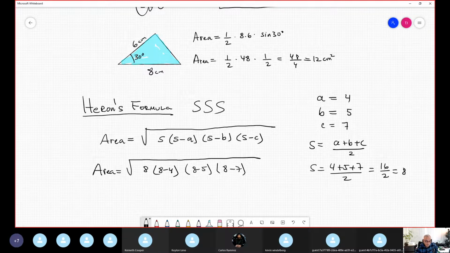The area then is 8 times 4 times 3 times 1. This is the square root of 96.